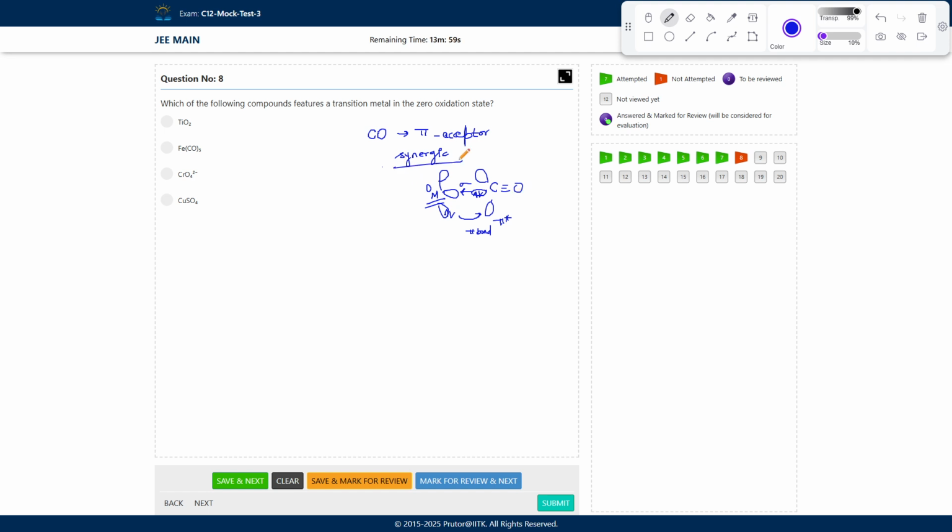So the synergic effect happens here and carbonyl will act as a pi acceptor. When it bonds with the metal, the metal is going to be stabilized in the lower oxidation state or show zero oxidation state. That is only occurring here in the second case, right? So our correct answer is option second, that is Fe(CO)5.